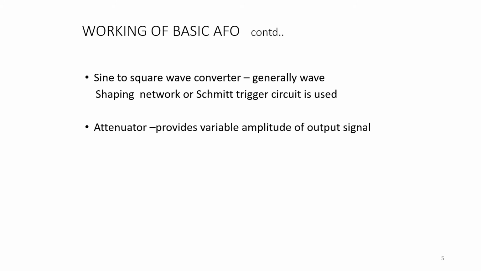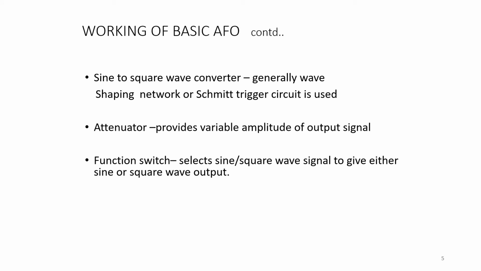Next is the attenuator, which provides a variable amplitude of the output signal. The function switch selects sine wave or square wave signal to give sine or square wave output.